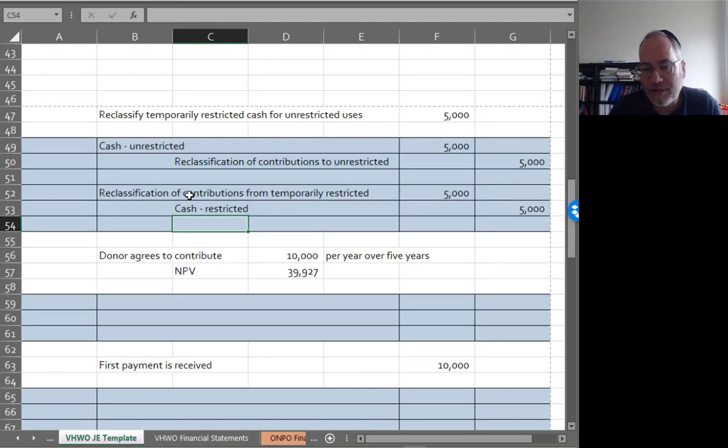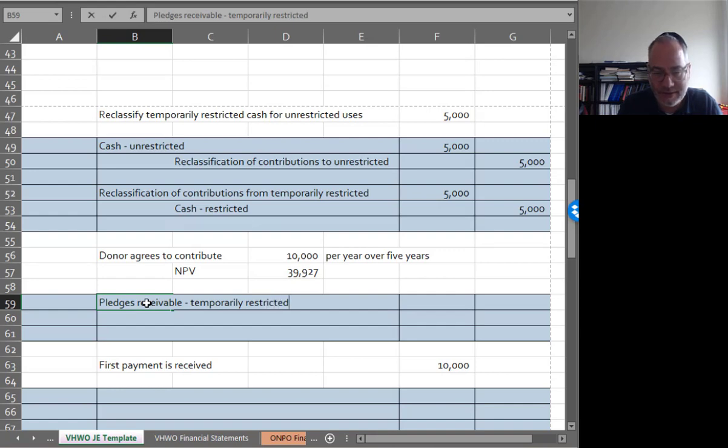And then the donor agrees to contribute $10,000 per year over 5 years, and the net present value is $39,927. So debit pledges receivable, temporarily restricted because we don't have the money yet, for $39,927.